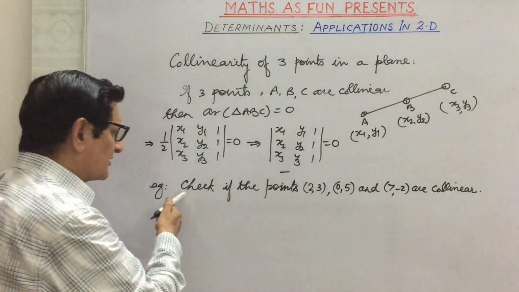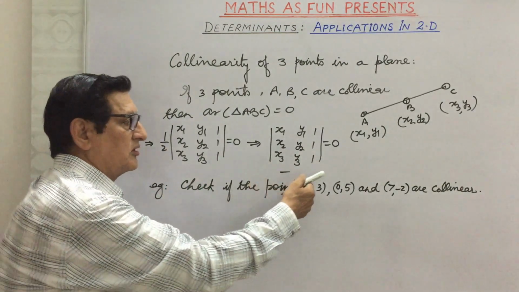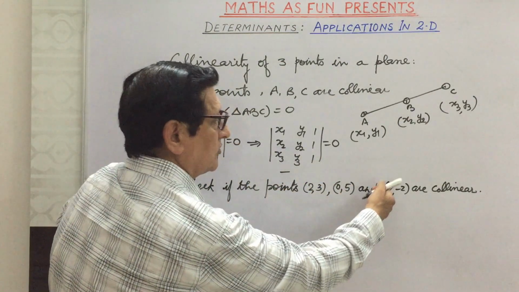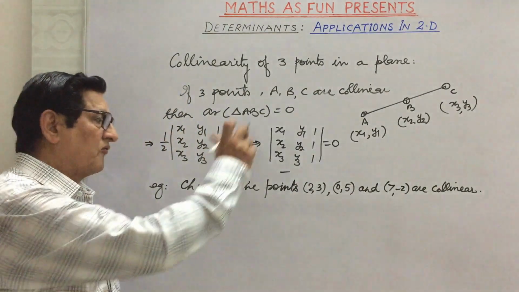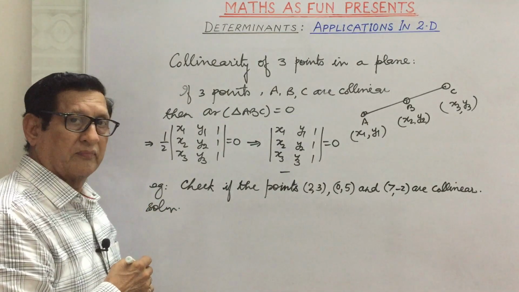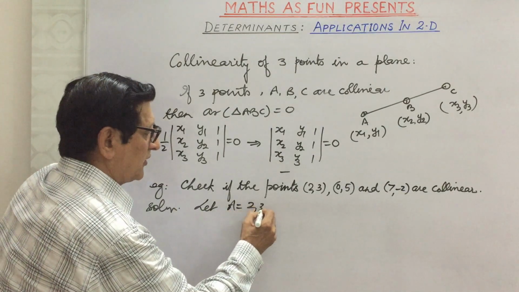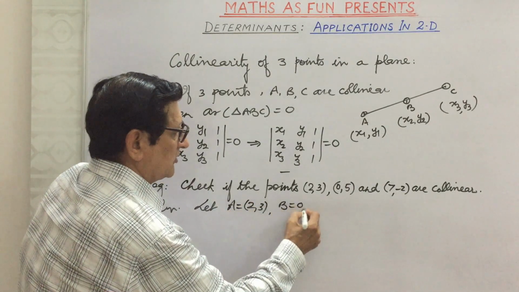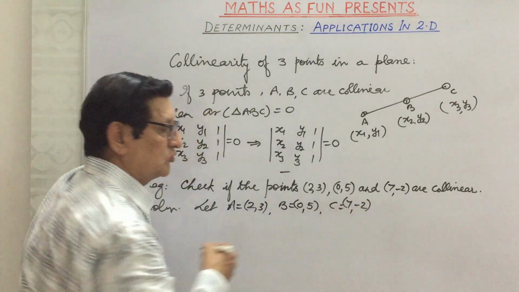Let's discuss one of the examples based on that. That is, check if the points (2, 3), (0, 5) and (7, -2) are collinear. For the solution, we name these points. That is, let A be (2, 3), B (0, 5) and C (7, -2).